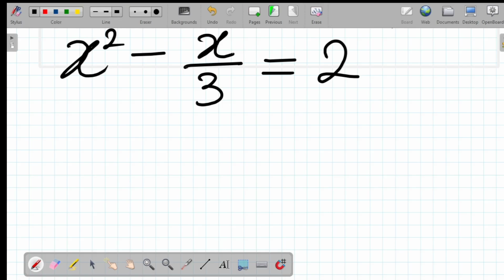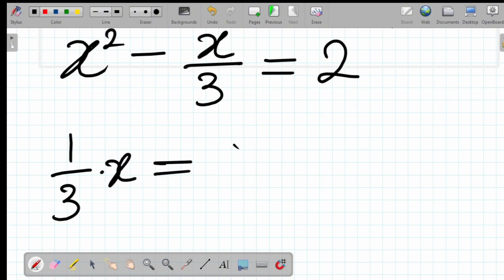So our next task is to multiply the coefficient of x by half and then square the answer. The coefficient of x here is 1 all over 3. Now note this, 1 all over 3 multiplied by x is the same thing as x all over 3.